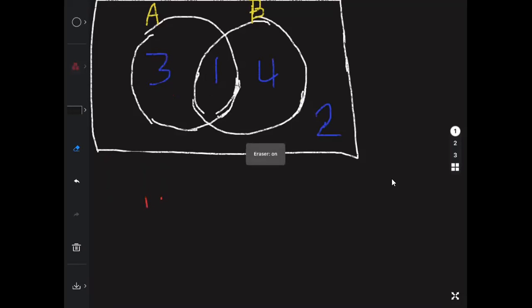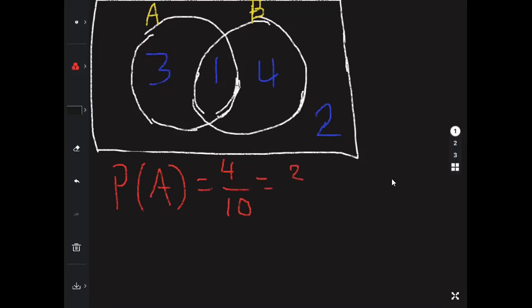Let's try that again. Probability of A is equal to, so we've got our 4, that'll be on the top, and there's 10 data values. So it'd be 4 out of 10. So we've got 4 values that fall into the A category, but we've got 10 values in total. So 4 on 10, which can then also be simplified to 2 on 5.